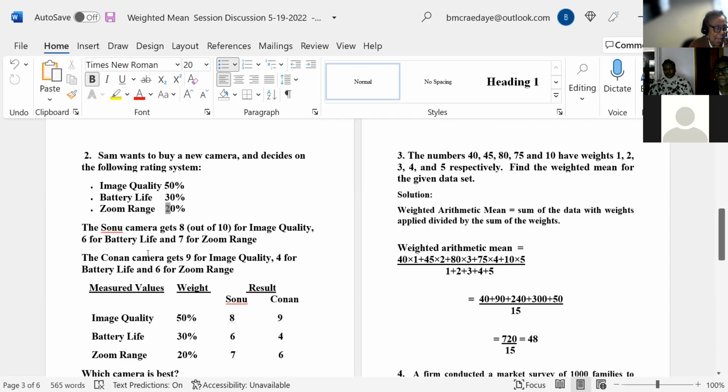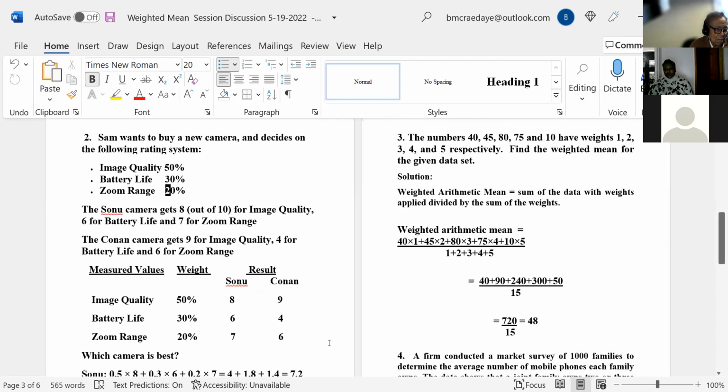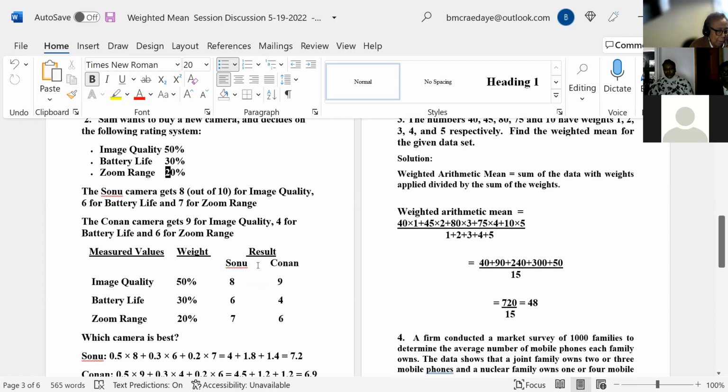The Canon camera gets 9 for the image quality, 4 for the battery life, and 6 for zoom range. I put this in a little chart here so you can really see. These are the values that you're measuring, these are the weights that are assigned, and these are the results.